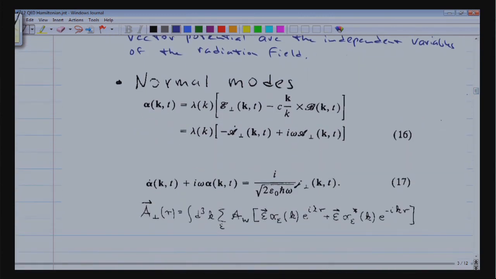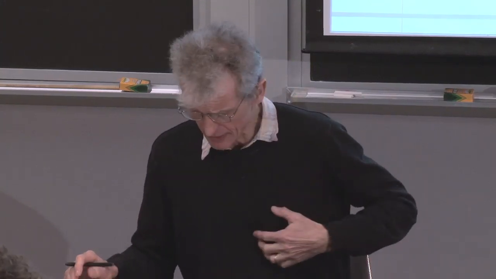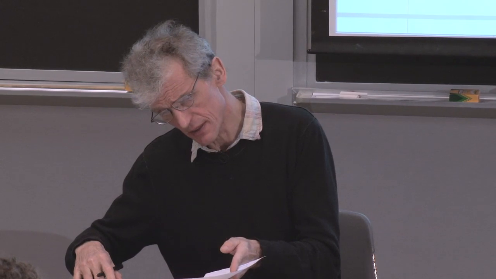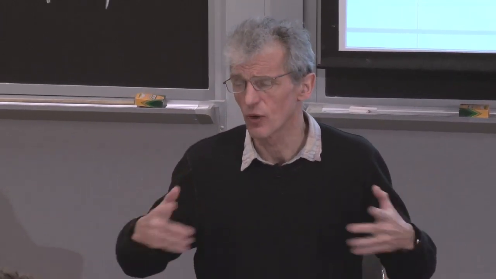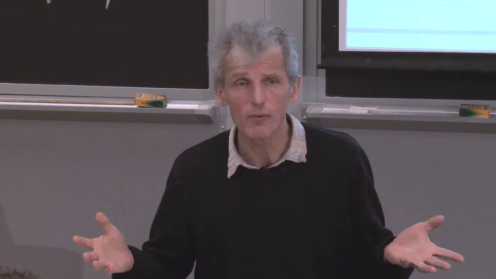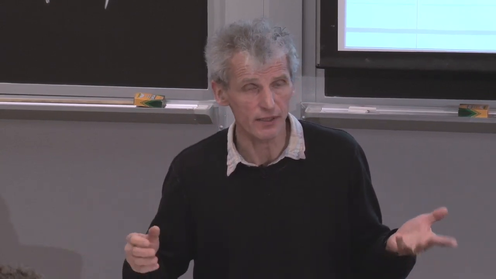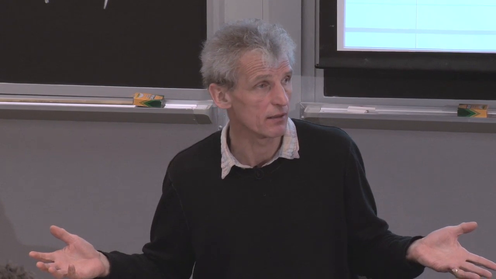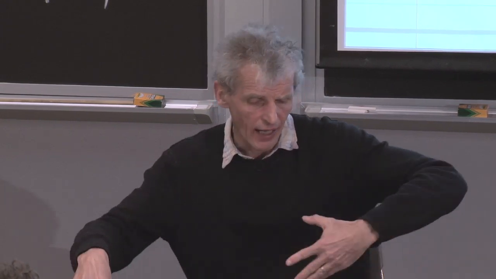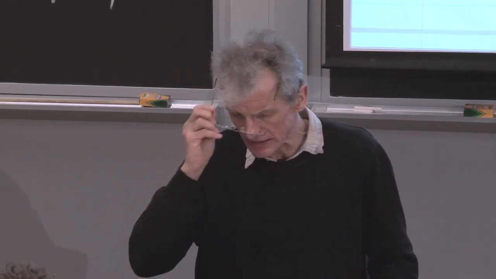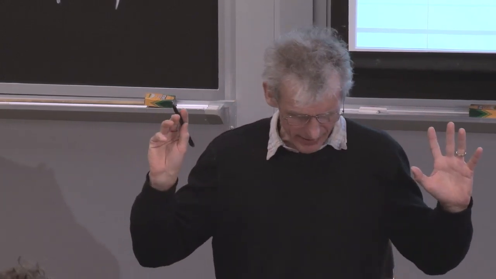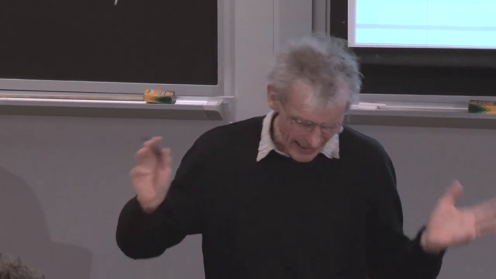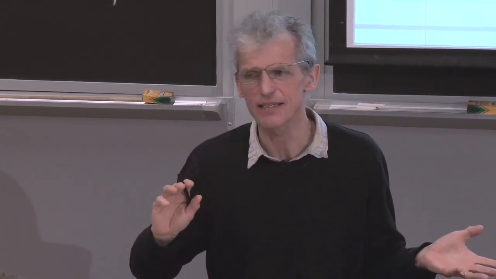Now, what is next is to go into normal modes. The reason is that we want to identify each normal mode of the electromagnetic field as an independent harmonic oscillator. Now, I'm showing you those equations, but you sort of have to sit back, because now there will be alphas, A's, lower A's, upper A's.